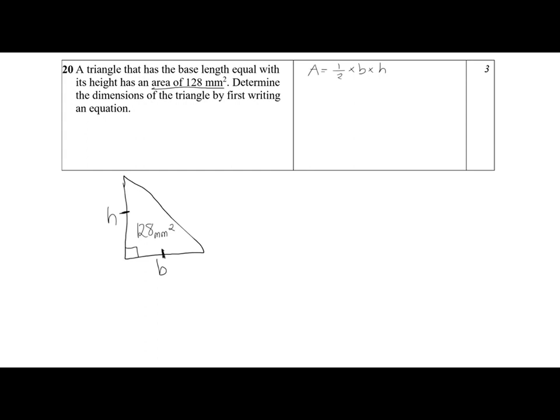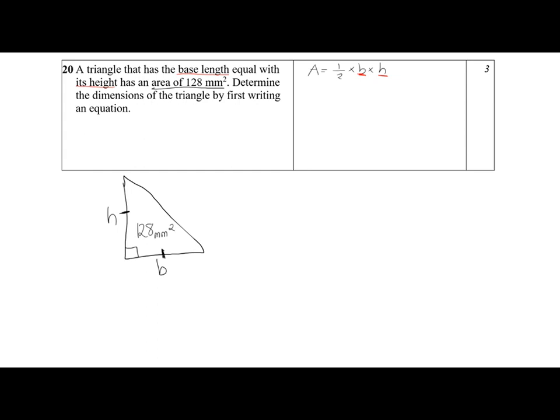But the important thing is what it tells us in the question and what we marked on the diagram is that the base length is equal with its height. So whatever b is, it's the same as h. Similarly, whatever h is, it's the same as b.